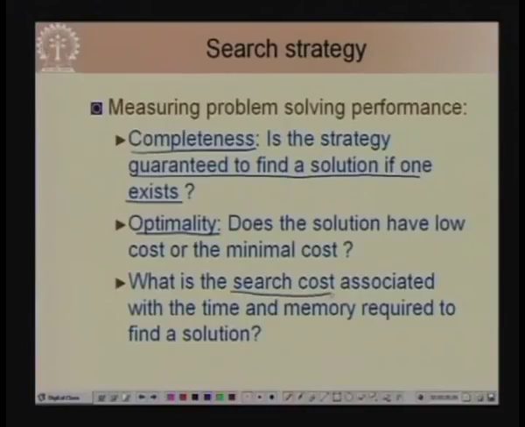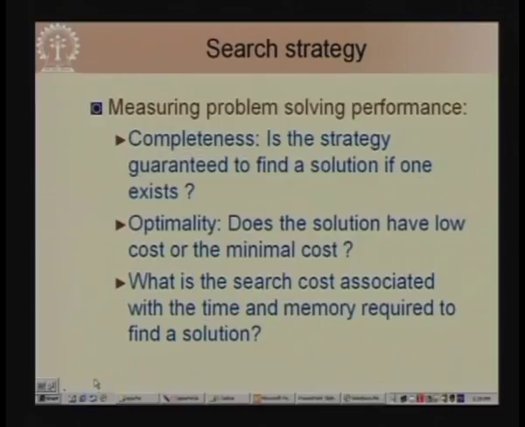A strategy is optimum if it has the least cost. The search cost associated with a strategy is the time and memory resources required to find a solution. The time and space complexity of the algorithm is a very important thing that we need to keep in mind and that we need to measure.